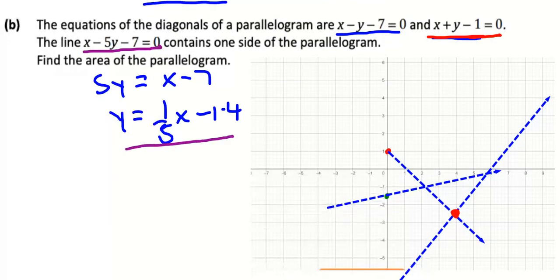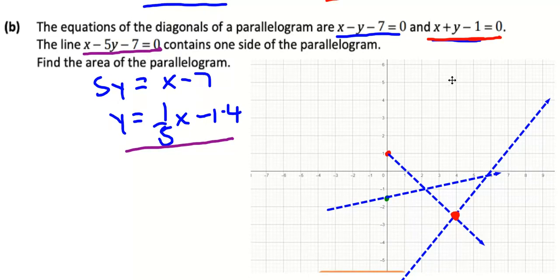Oh, the diagonals. They're the diagonals. So, oh, I actually have it now. I think I have it. Do you see this here? I'm just going to color this a different color for us, all right?